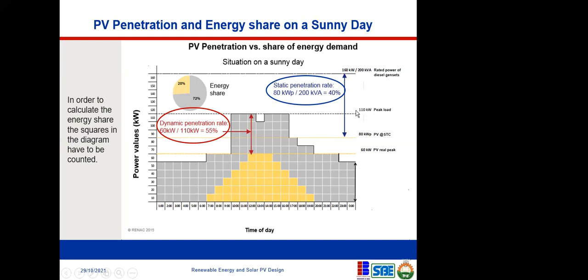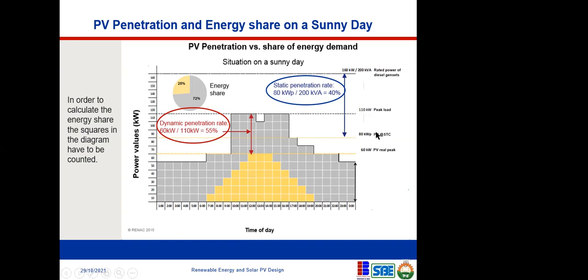I will have a solar PV system that is also installed, 110 kilowatts, that's the peak. But of course, we know that there is no way this PV system will produce 110 kilowatts at any point in time because of performance ratio. So we now assume that 80 kilowatts peak is produced at standard test condition.